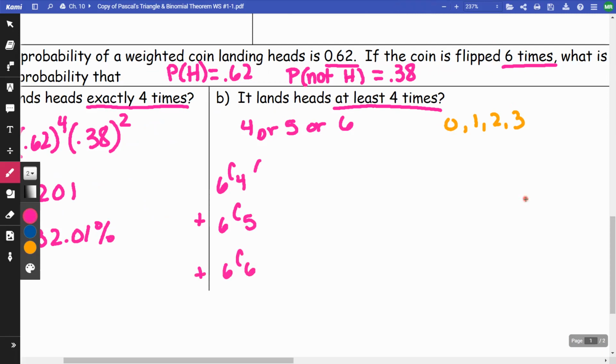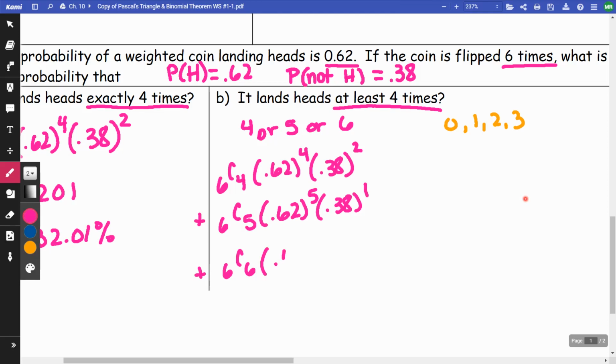So I'm going to have 6 choose 4 times 0.62 to the 4th and 0.38 to the 2nd, plus 6 choose 5 times 0.62 to the 5th and 0.38 to the 1st, plus 6 choose 6 times 0.62 to the 6th and 0.38 to the 0.